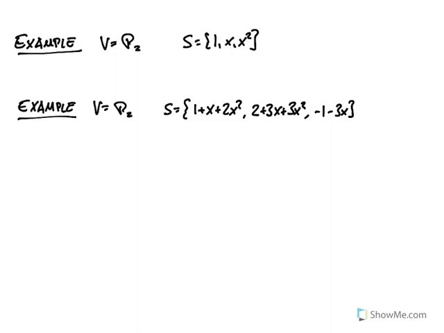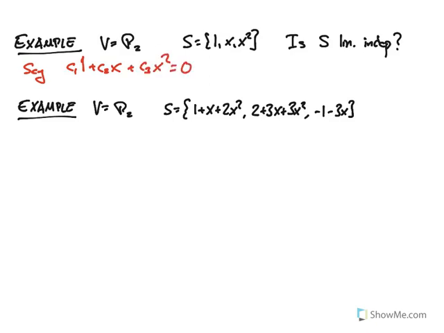Let's consider some examples with polynomials. The question here is always the same: is S linearly dependent? Or let's formulate it as independent. Well, the first one is easy. Say C1 times 1 plus C2 times x plus C3 times x squared is equal to 0.